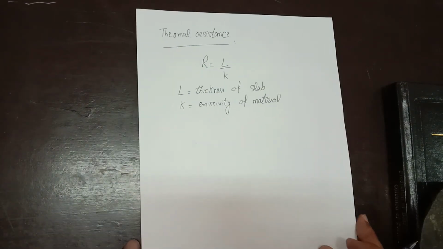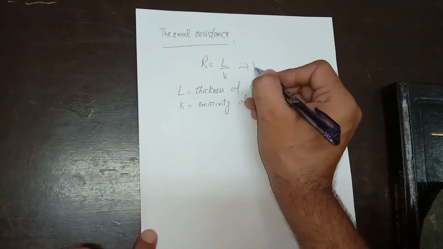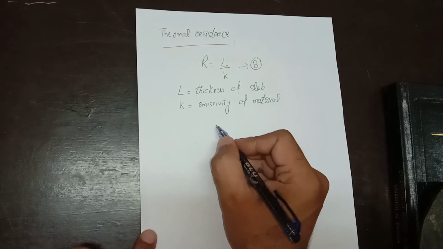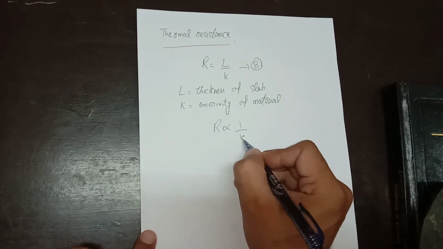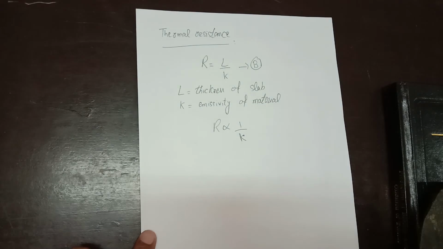So materials with a higher value of R are good thermal insulators, while materials with a lesser value of R are good thermal conductors. Another thing you can see in this equation B is that resistance is inversely proportional to conductivity. As the conductivity of a material increases, its thermal resistance will decrease, and as the conductivity decreases, its thermal resistance will increase.